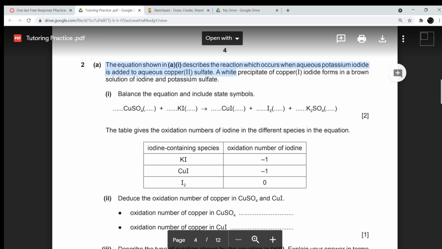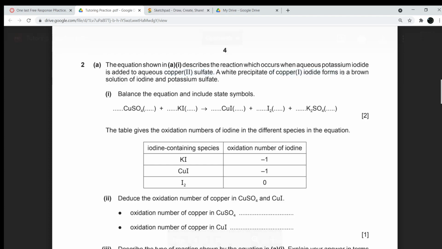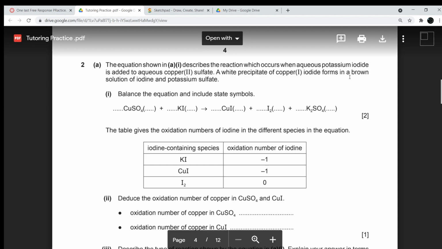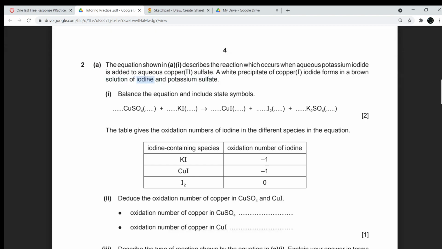Okay, and aqueous copper 2 sulfate. All right, aqueous blue. Okay, a white precipitate of copper iodide forms. Alrighty. So we got a precipitate in a brown solution of iodine and potassium sulfate. Okay, so it looks like these two are still dissolved in.